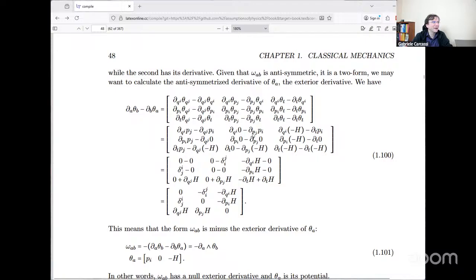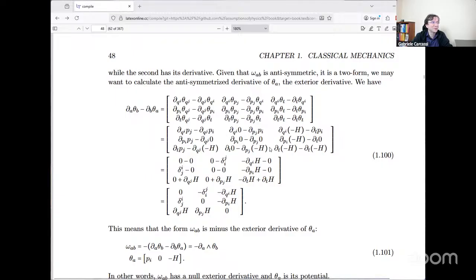You substitute them in all places. The other ones, the theta p, are zero, so you put all the zeros, and the theta t's are minus H, so you put all the minus H.